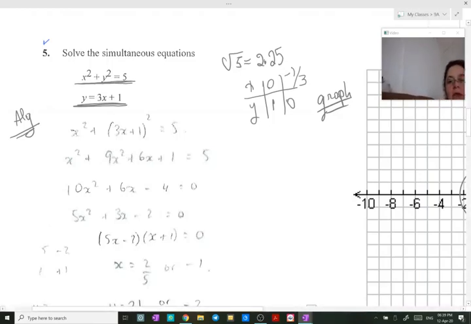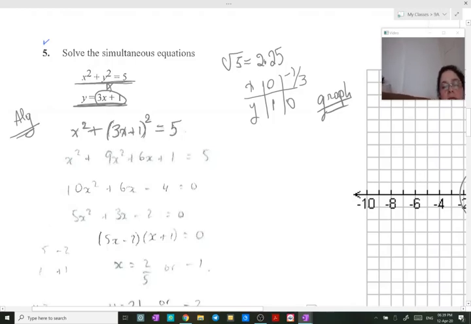Since we have here y in terms of x, we take the value of y and replace it in the first equation. So we get x squared plus (3x plus 1) squared equals 5.